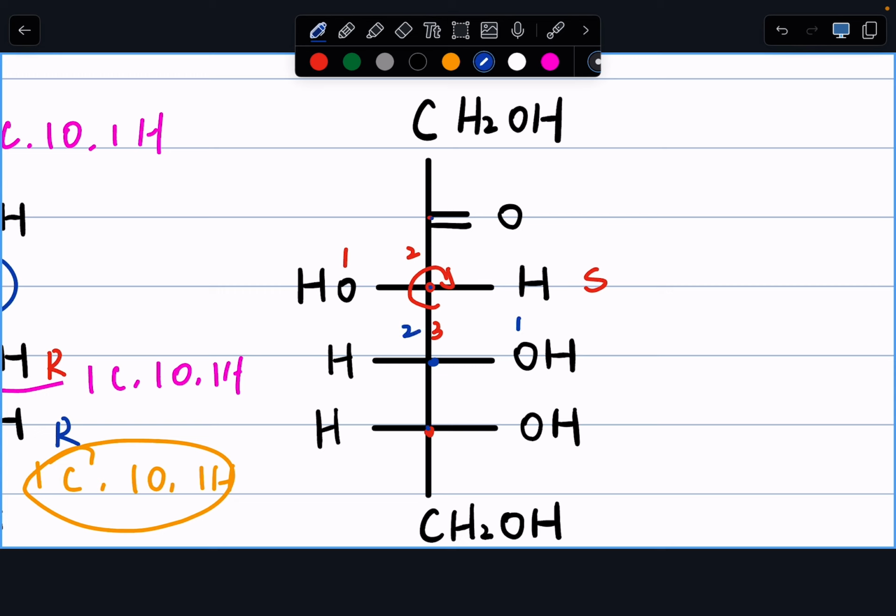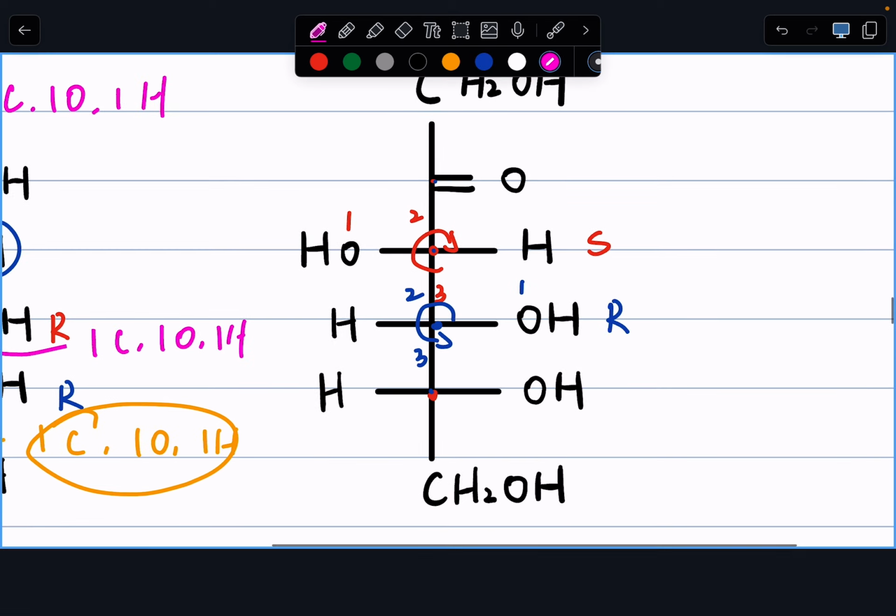This one is higher, 1, 2, 3, counterclockwise. Hydrogen on the horizontal, you get R. And the last one, we have carbon, and this one is CH2, the top one is higher, and again, R.